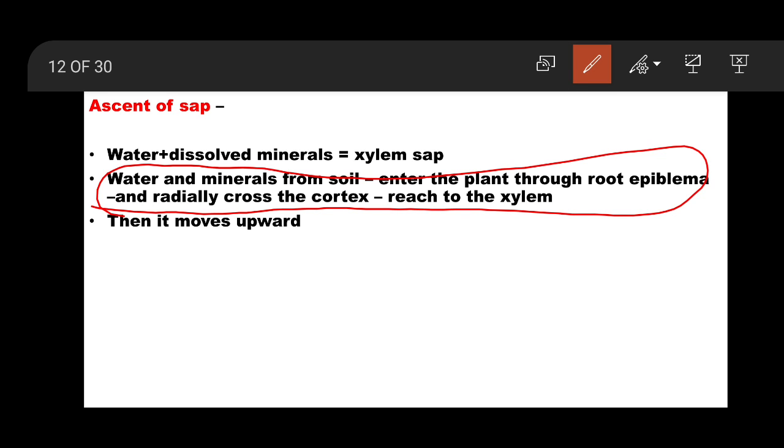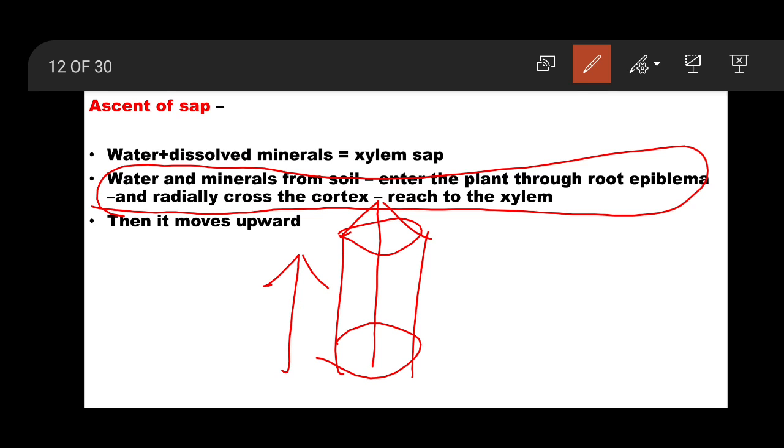Radially moving water crosses the cortex, reaches the xylem, and then moves upward throughout the stem. Firstly it enters radially, you should remember, crossing the cortex and entering the xylem. After reaching the xylem, it moves in an upward direction.